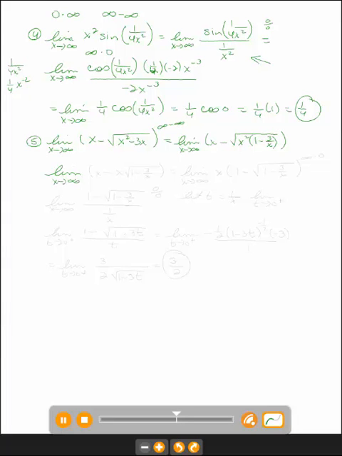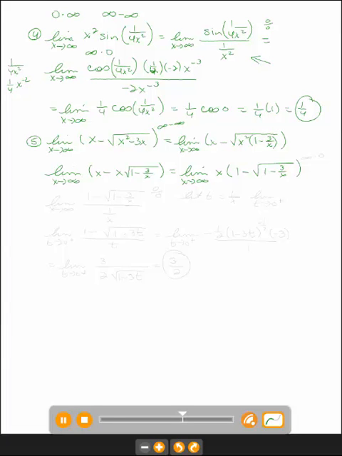So now if I pull that x out, and I'll take one more extra step, I can pull the x out of the whole thing, have the x out here, and then 1 minus the square root of 1 minus 3 over x.